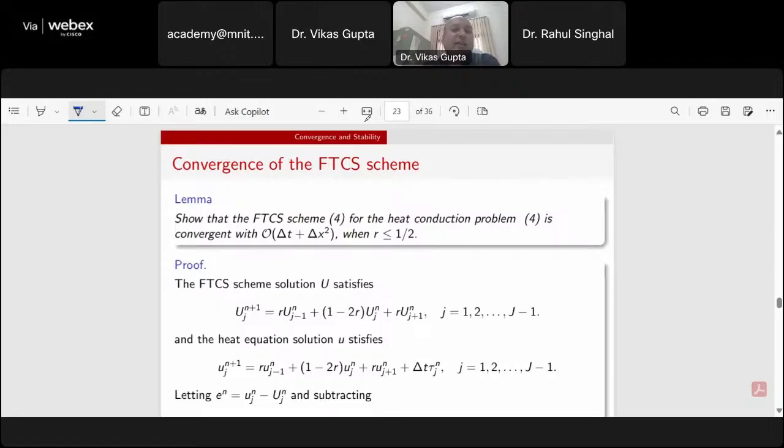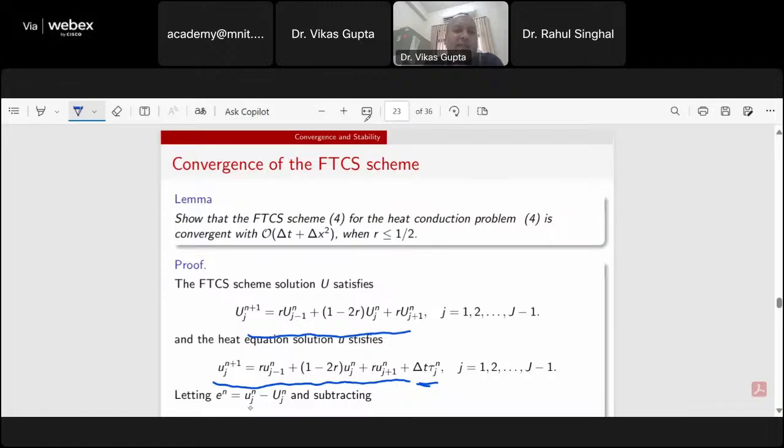So here we have this FTCS scheme for the heat conduction problem for j from 1 to J minus 1, at the point (x_j, t_n), and the continuous solution of the heat equation satisfies this equation. Since this is a continuous solution, we have a truncation error term over here, delta t tau_j^n, j running from 1 to J minus 1.